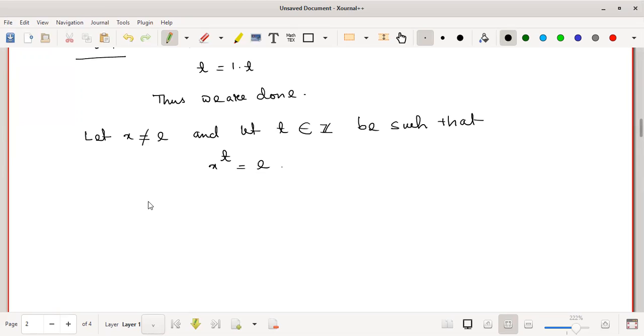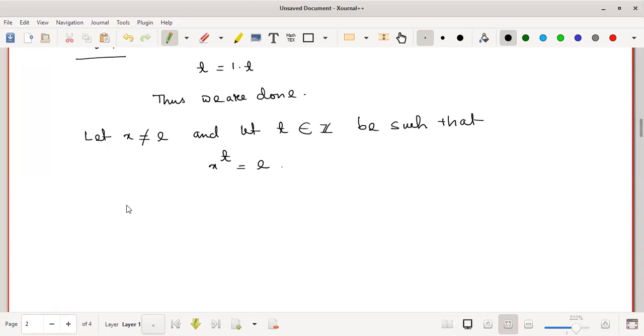What does it say? You give me two integers, and I can produce two unique integers. Suppose you have given me p and q. I can produce two unique integers m and n such that p equals qn plus m, where m is non-negative and less than the second element, q.